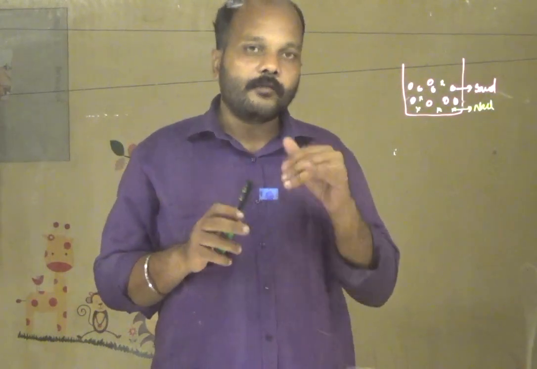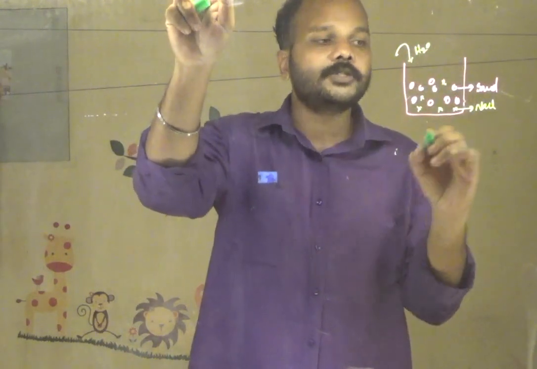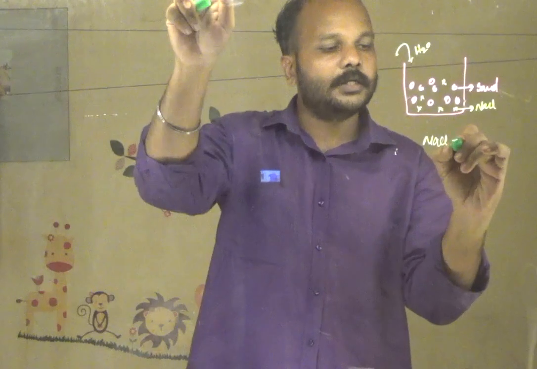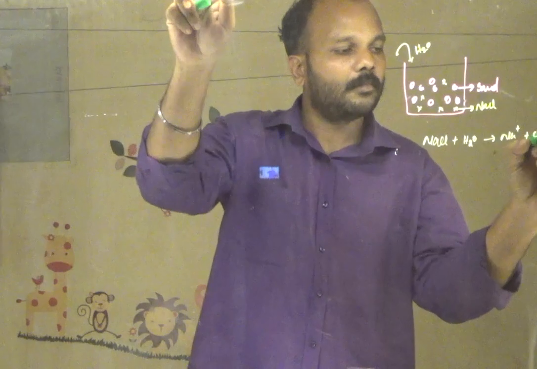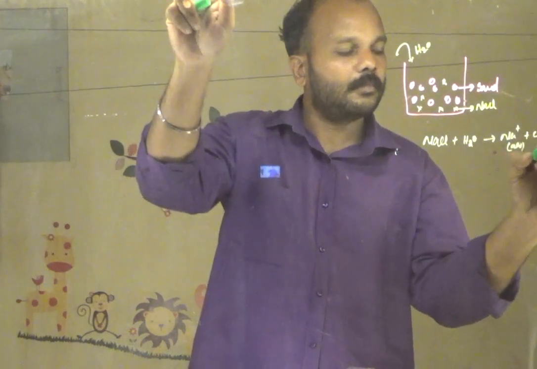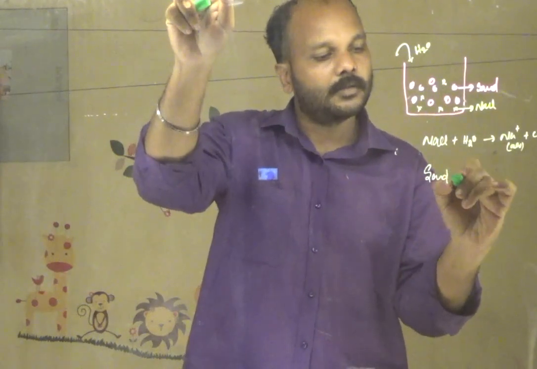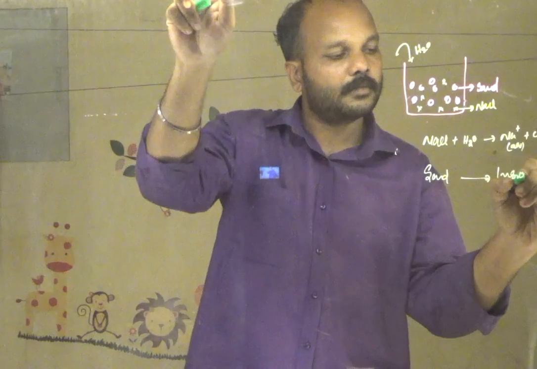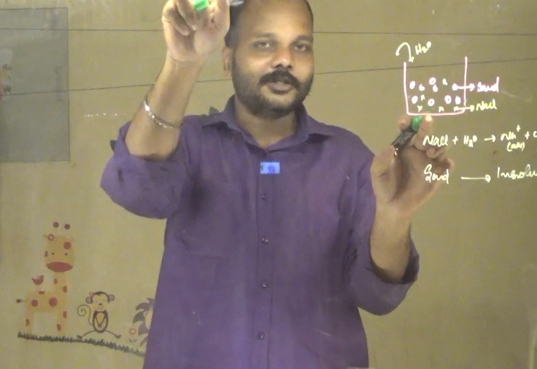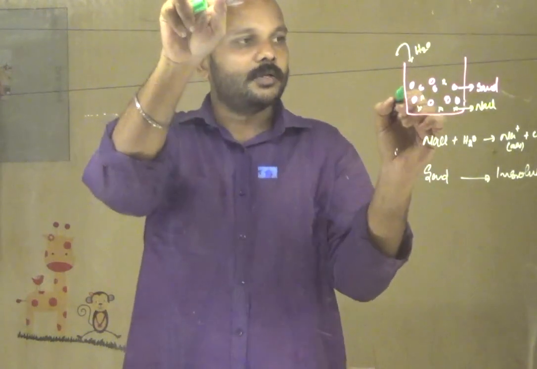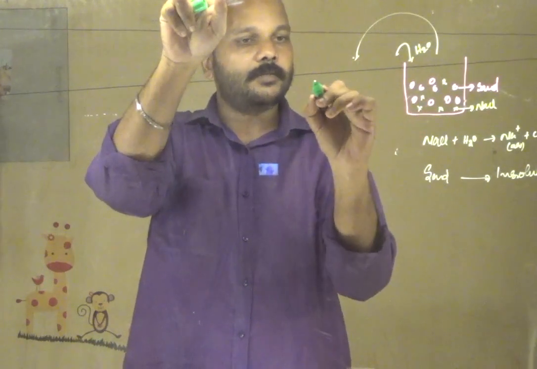So one way you can do is pour water, because sodium chloride is going to be soluble in water. On the other hand, sand is insoluble in water. So simply, you pour water into this beaker. Once you pour water, you take out this filtrate.